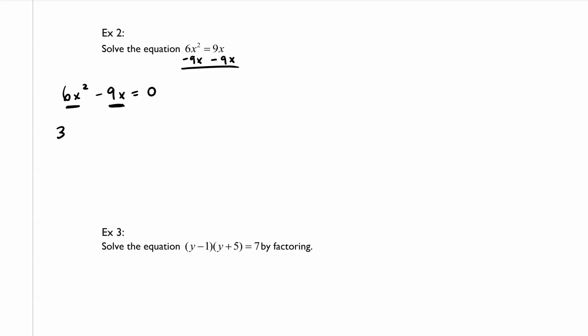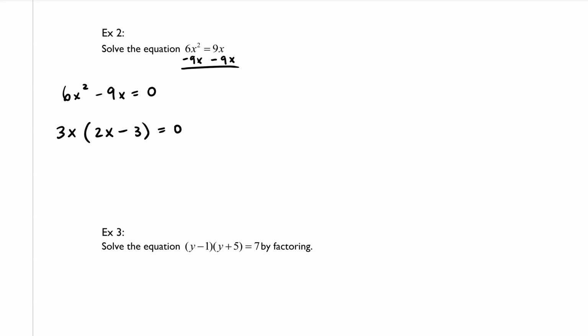So I can definitely factor out a 3, and I can also factor out an x because both of those terms have an x. And so if I divide 6x squared by 3x, I'm going to be left with 2x, and then if I divide -9x by 3x, I should just be left with -3, and then that is equal to 0.